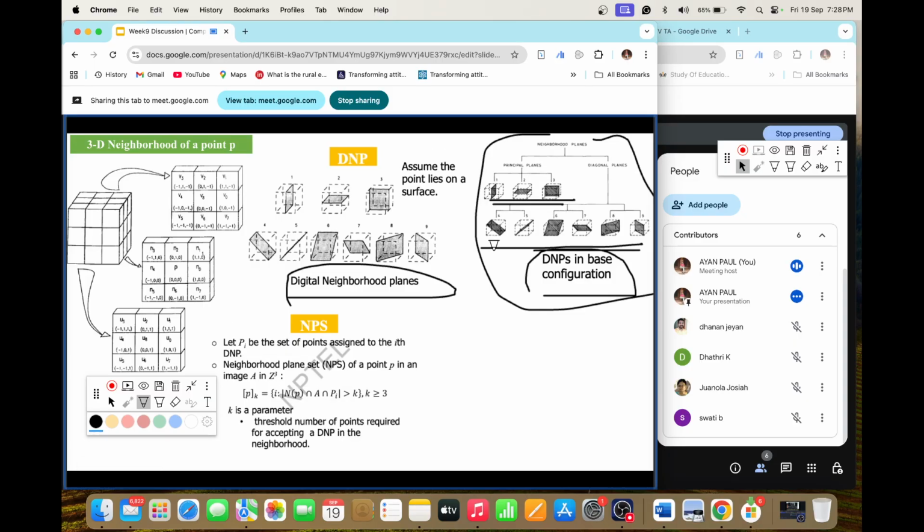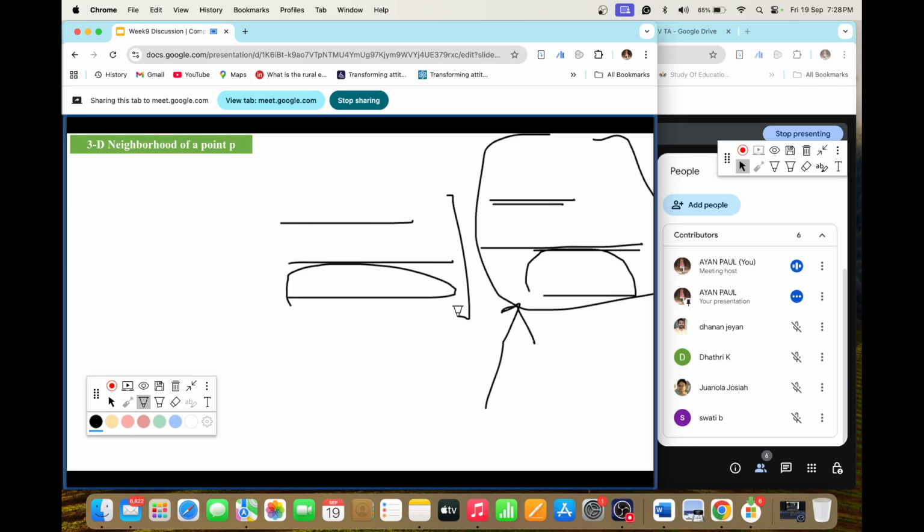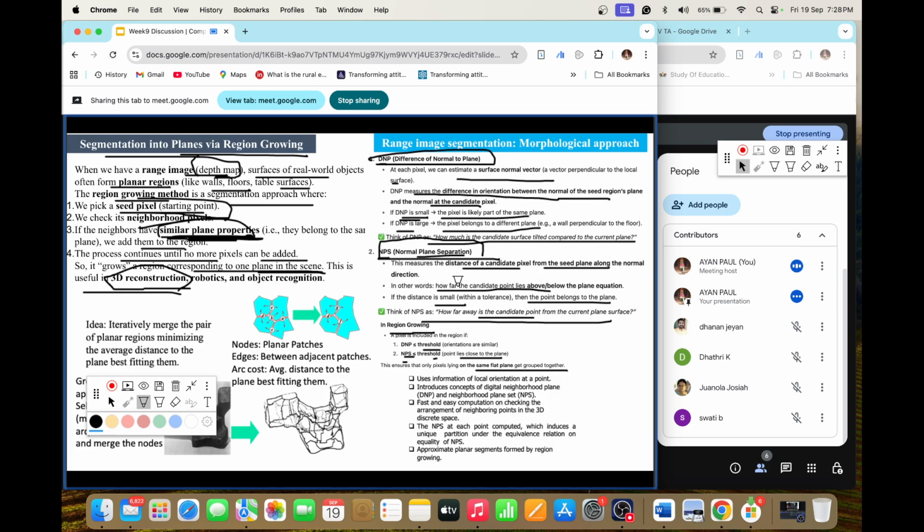All these things are taken from some paper, but you should always remember the DNP configuration: we can classify all the neighborhood planes into three principal planes and six diagonal planes, that means 9 planes. This is what you have to remember. You can check the paper if you are interested, otherwise the theory that I have told you here is sufficient.